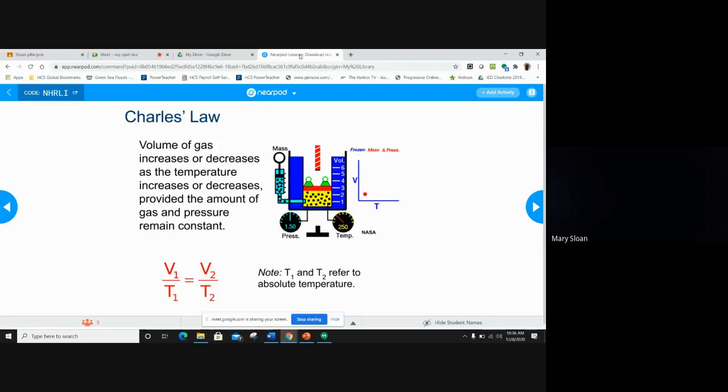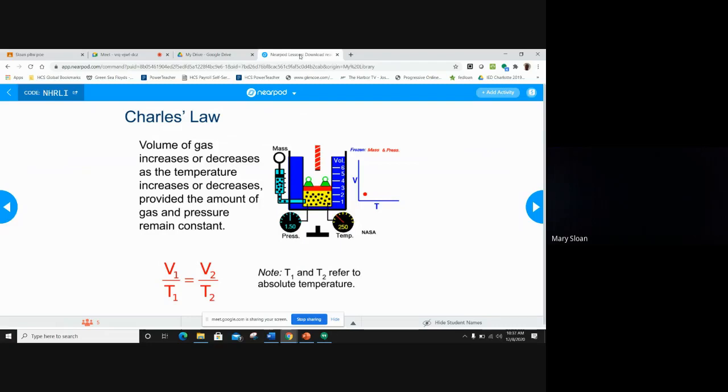A temperature of 20 degrees Celsius, and it is compressed to 4.00 liters. What are we looking for here? Temperature 2. So, change my formula. How do I change that? I want temperature 2, so if I divide both sides by V1, that gives me my formula.